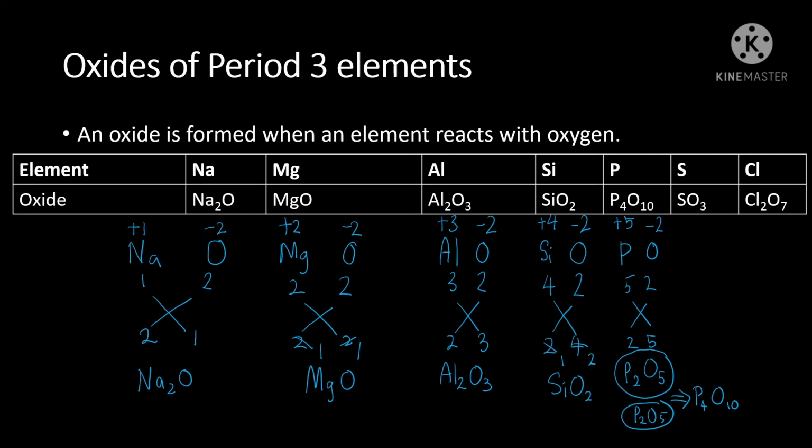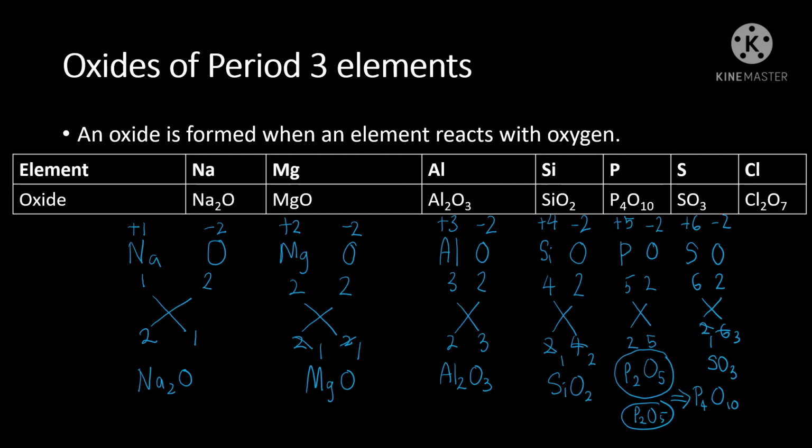And for sulfur, it is a group 16 element. Again, it has more than one oxidation state, and the highest oxidation state is +6, so I'm using the highest oxidation state here, and the oxygen is -2. So 6,2, we ignore the charge, cross, we get 2,6, so simplify 1,3, so we get the oxide for sulfur as SO3.